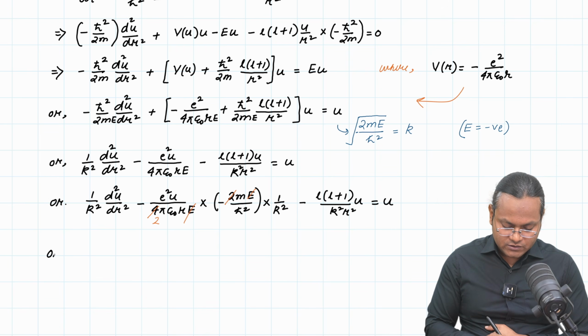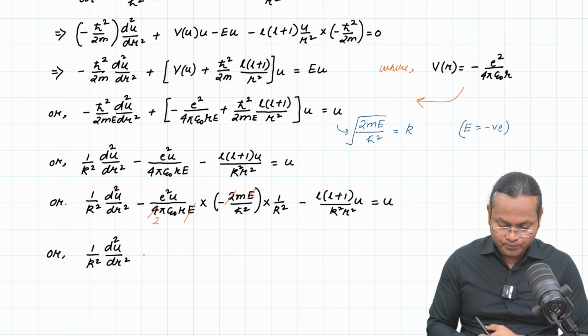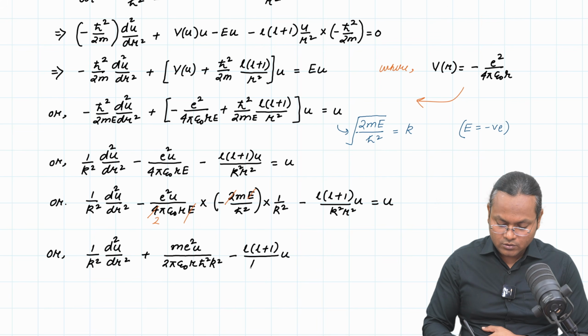The final expression ends up becoming 1 upon k² d²u upon dr² plus m e² u upon 2π ε₀ r ħ² k² minus (L plus 1) u upon k² r² equals u.